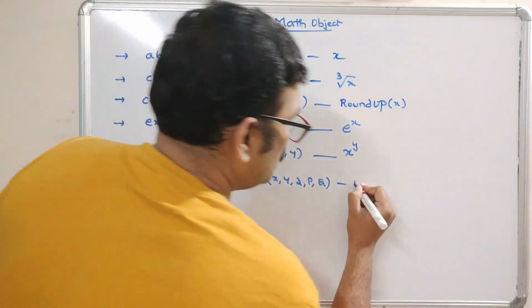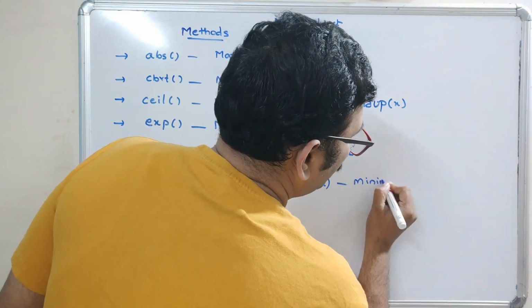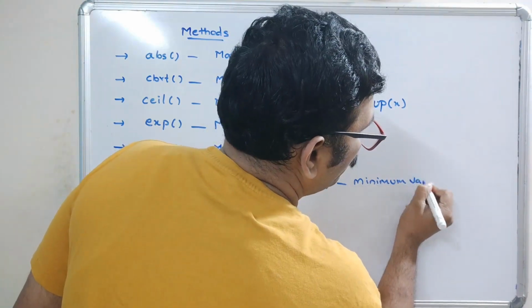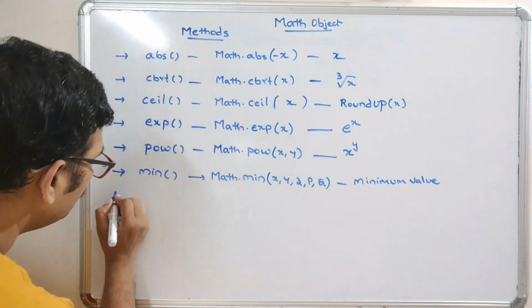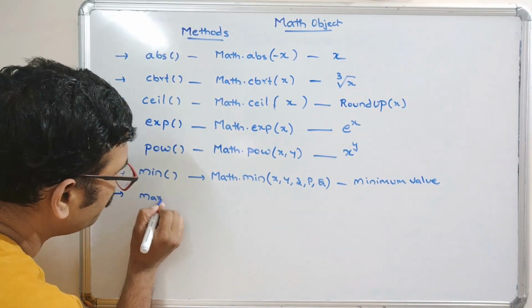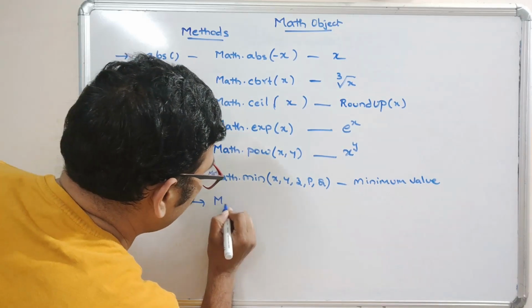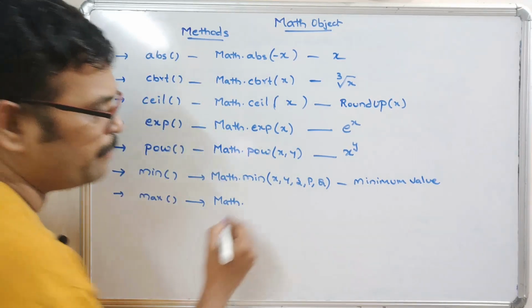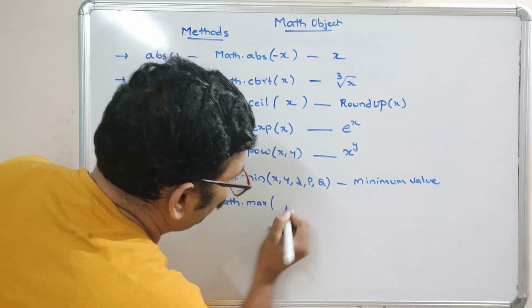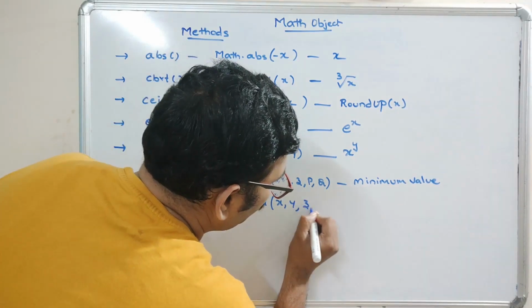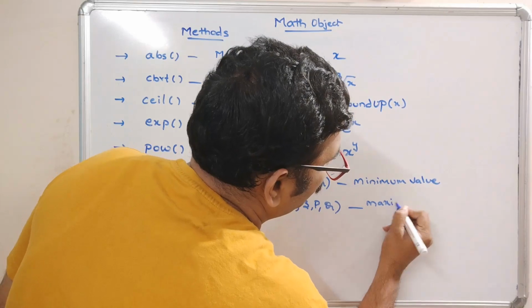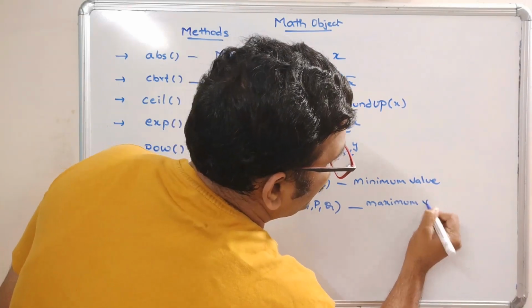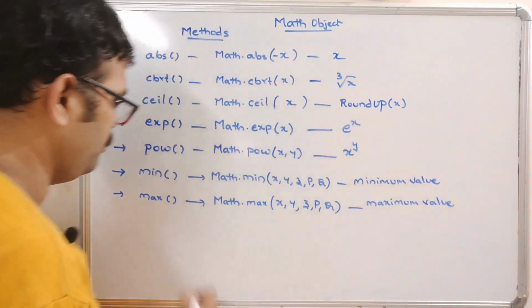It will give the minimum value among all these numbers. Similarly, we have another function called max. To execute this one, we need to call Math.max of x, y, z, p, q. It will give the maximum value.